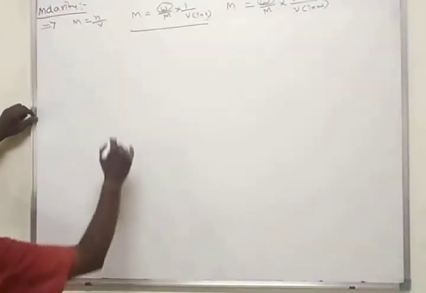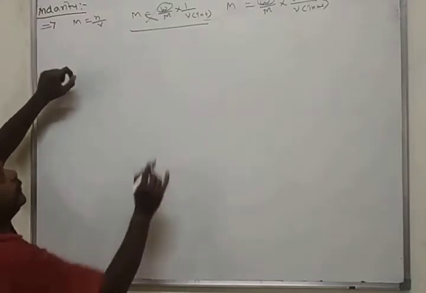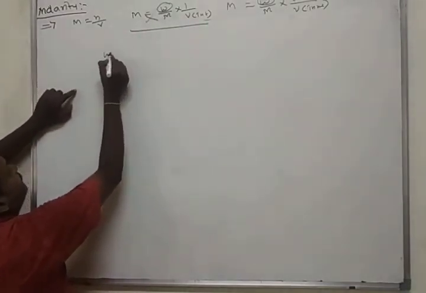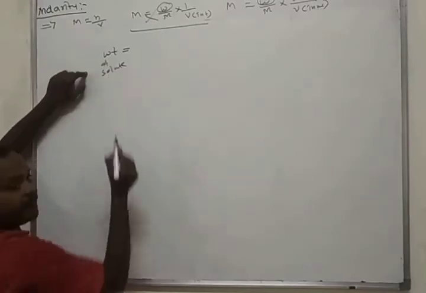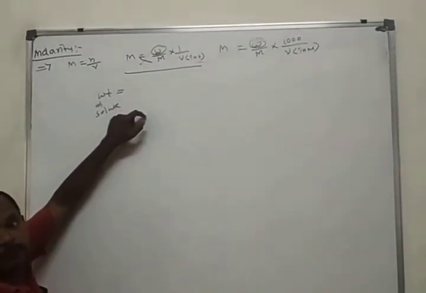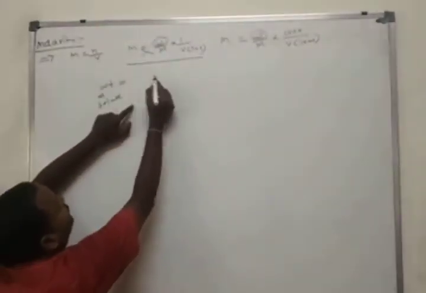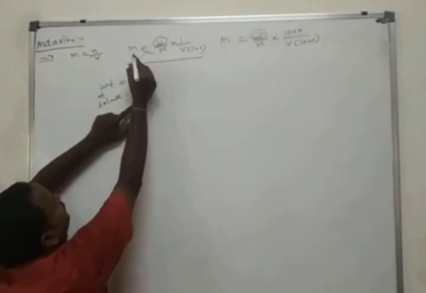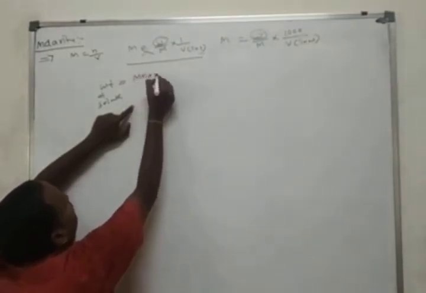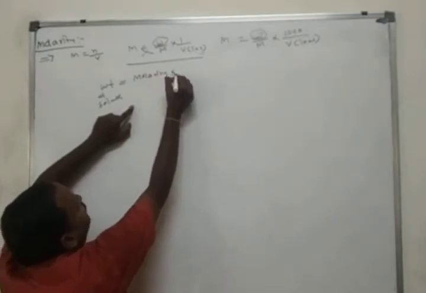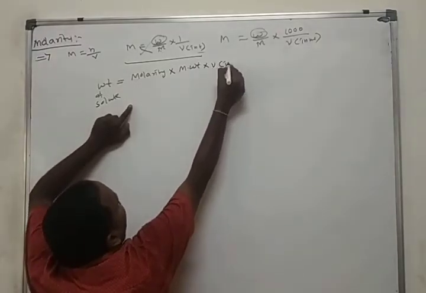Here, by cross multiplication, you have to calculate the weight of solute. Now the weight of solute is equal to, calculate by cross multiplication. Write here: molarity into molecular weight into V in liters.